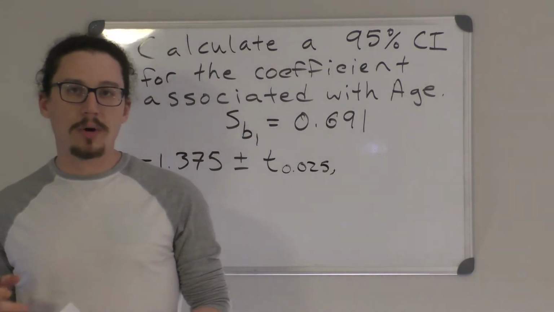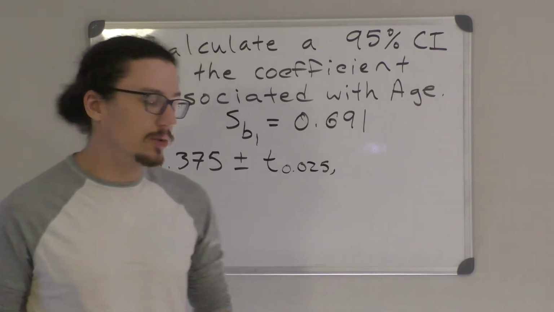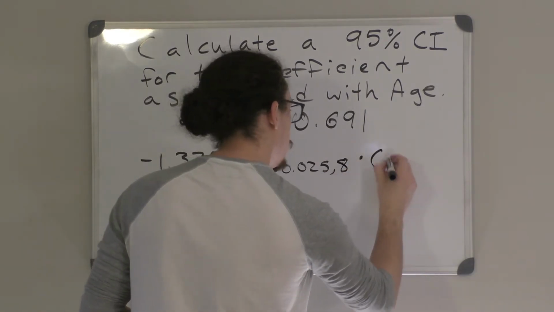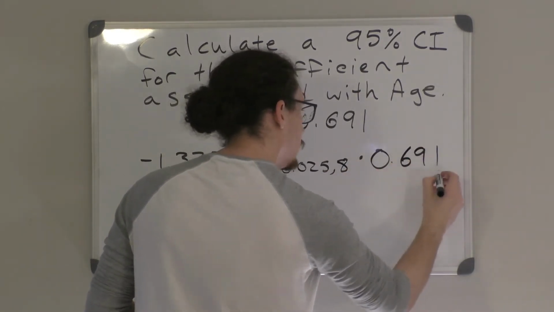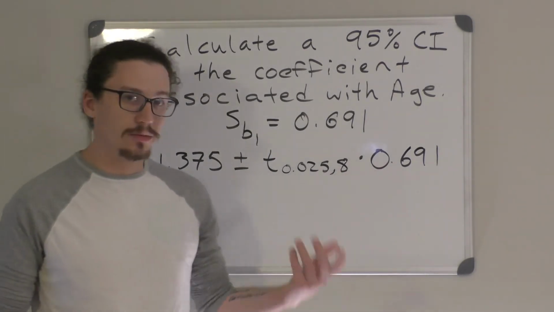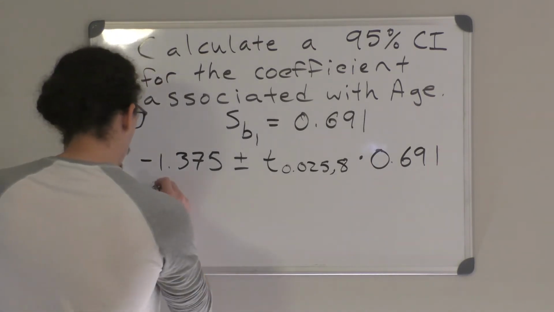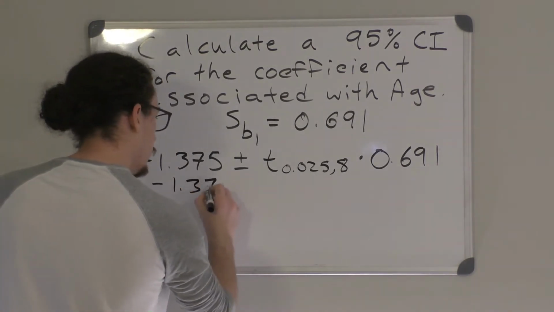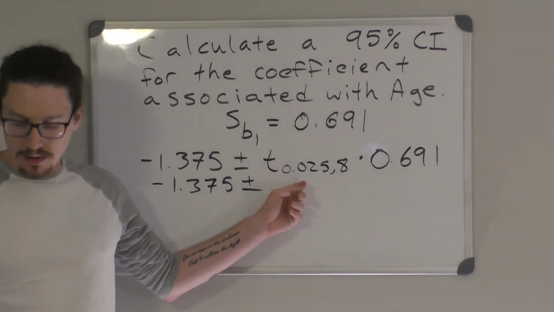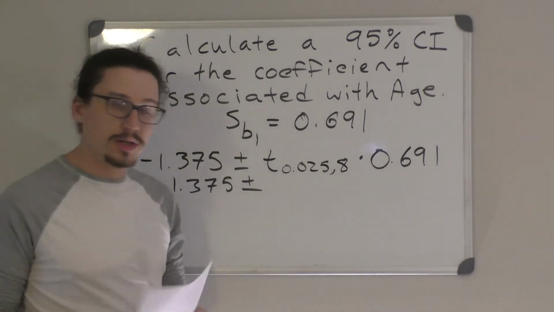Our degrees of freedom are n minus 2. We know that n is equal to 10, so 10 minus 2 is 8. Then we include our standard error, which is 0.691. When we go to our chart and find our critical value, we get 2.306.